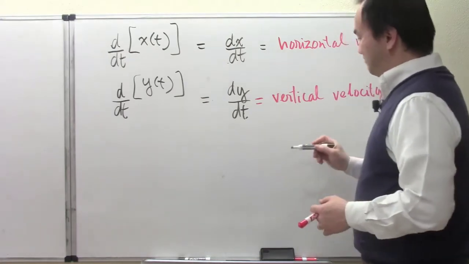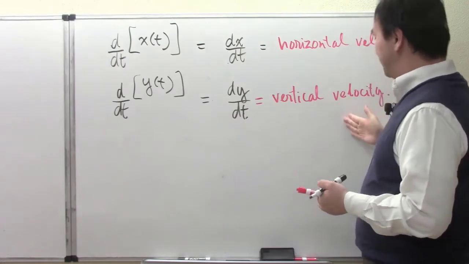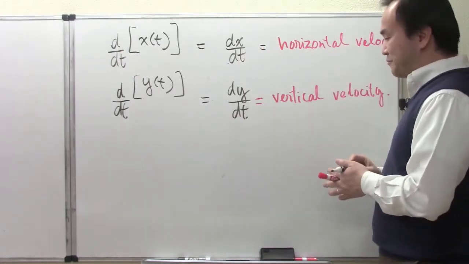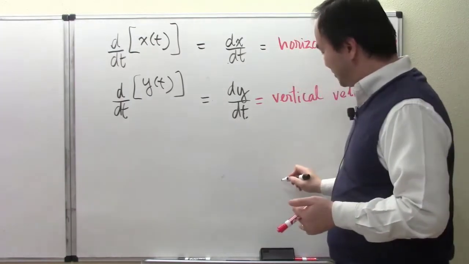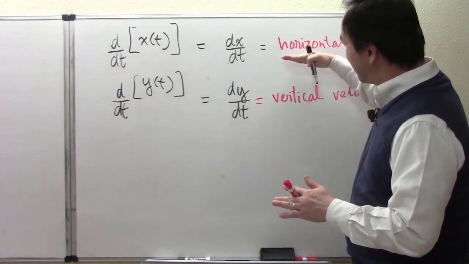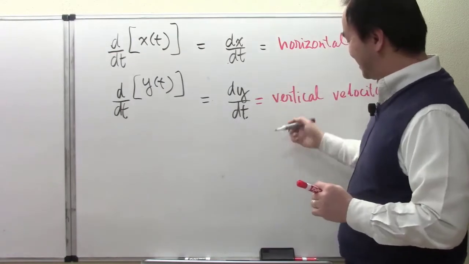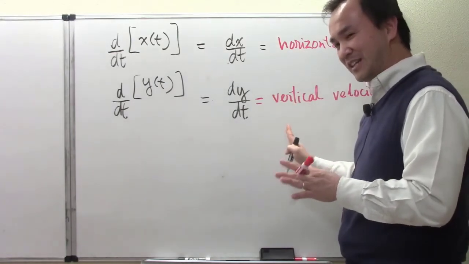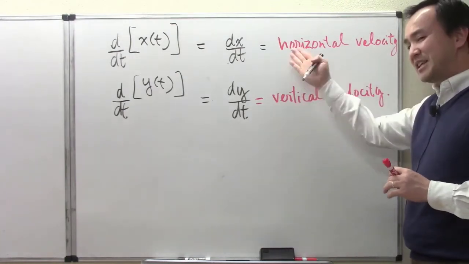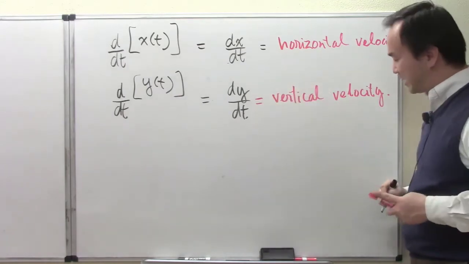Now dy dt is a vertical velocity. Dx dt is a horizontal velocity. When I use the terms horizontal or vertical, up and down or left and right, viewers will start understanding that behind the scenes, it has some direction involved.